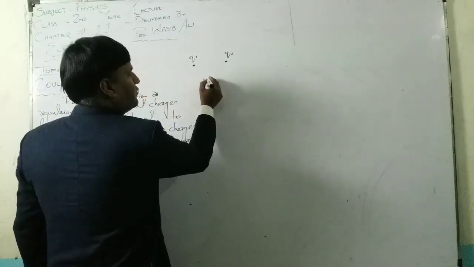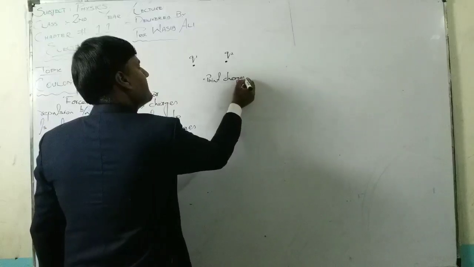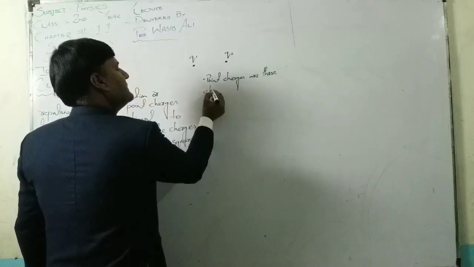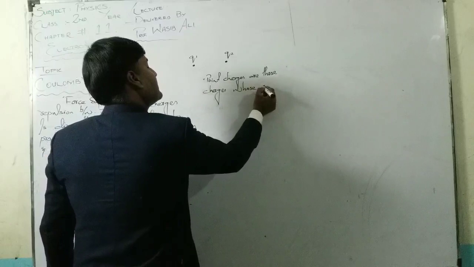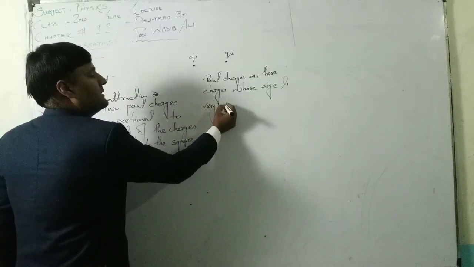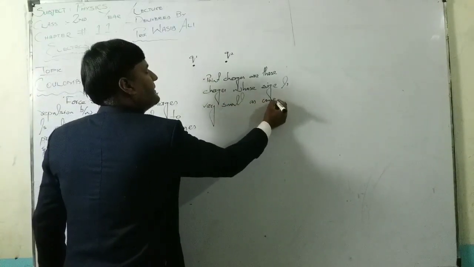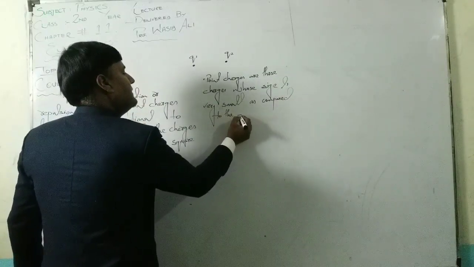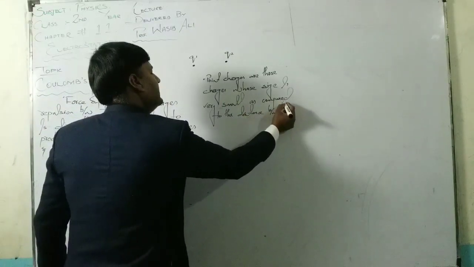Point charges are those charges whose size is very small as compared to the distance between them.